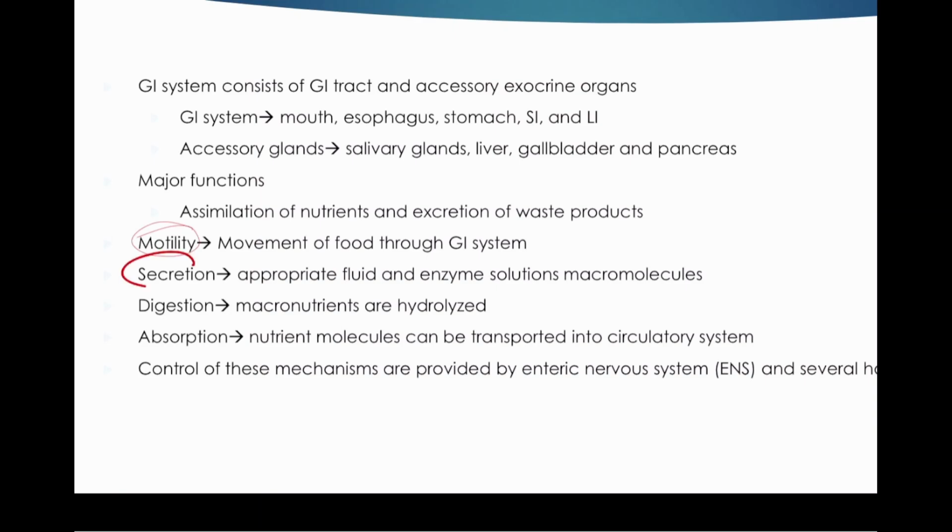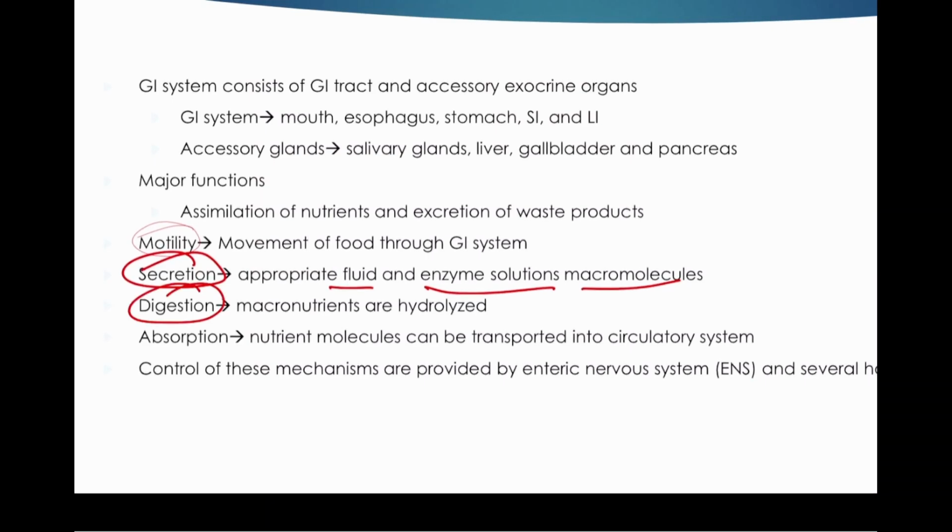Next one, secretion, appropriate fluid and enzyme solutions, which are needed due to the macromolecules. We eat carbohydrates, fats, and proteins. They are macromolecules, they are big molecules. We have to break them down into the smaller parts. Secretion helps that process occur. Digestion, this is the actual part of breaking them up.